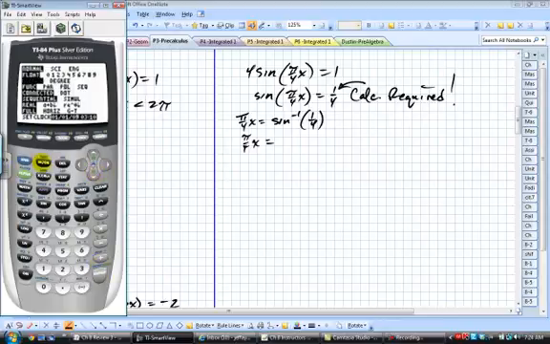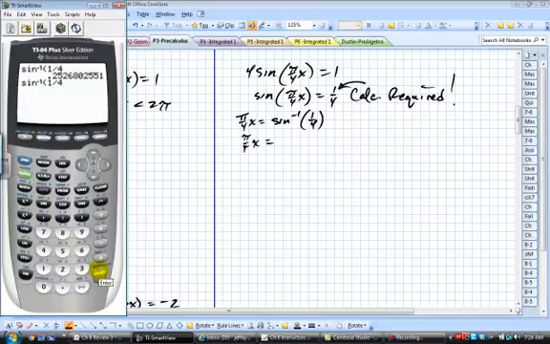Clear the calculator out, take the inverse sine of 1/4. There's my answer in quadrant 1, and then I go pi minus my angle to get to quadrant 2. So I take pi, minus my answer.